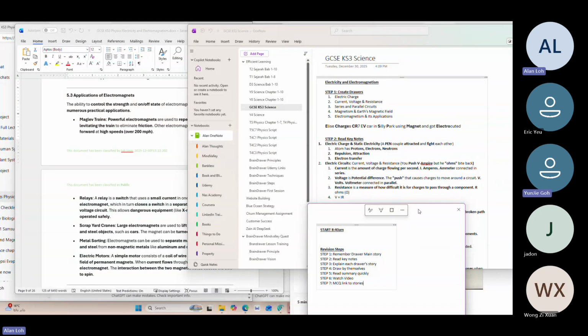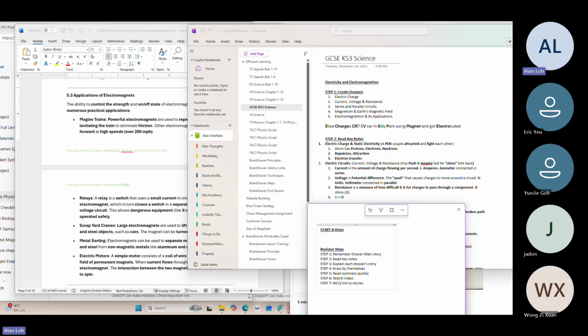Okay, so current is measured in amperes, and it's like the push, no, not the push, the amount of charge that is going.